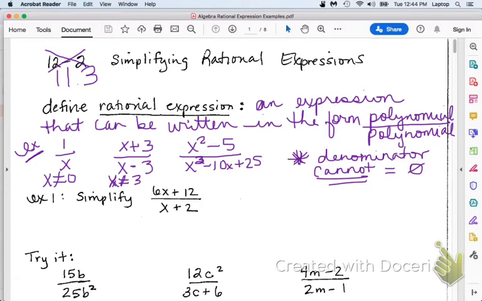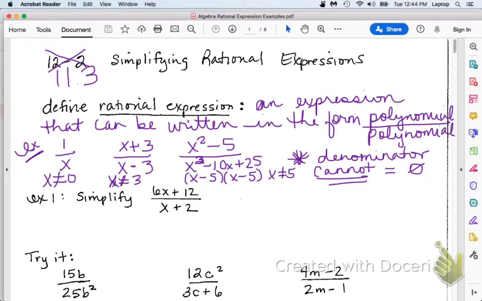So if we're looking for factors of 25 that would sum to a negative 10, I believe it would be negative 5 and negative 5, right? So we would have, in factored form, x minus 5 and x minus 5. So the excluded value would simply be x could not be equal to 5.